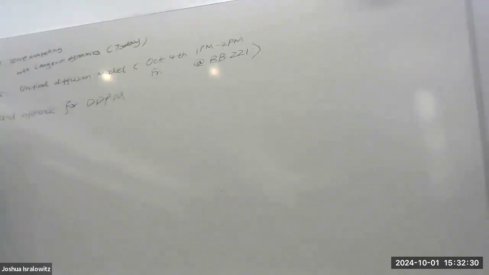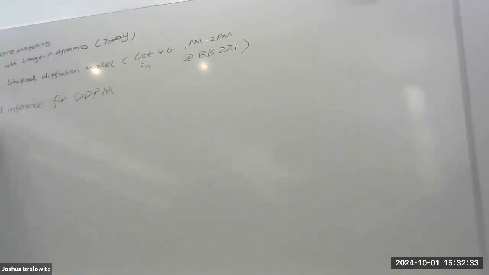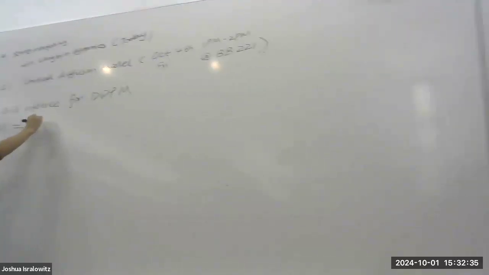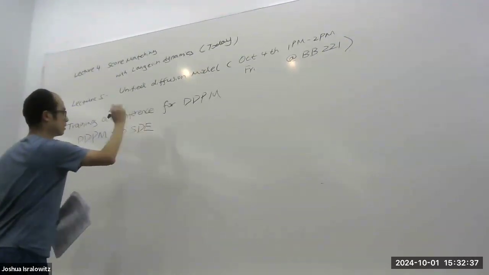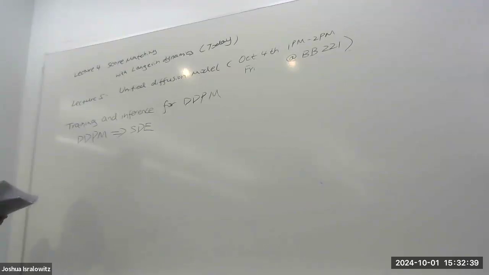This is DDPM to some SDE. This is getting really interesting. Once we have an SDE, there will be more tools that can be used. This is why the power of probability and stochastic processes shows up.